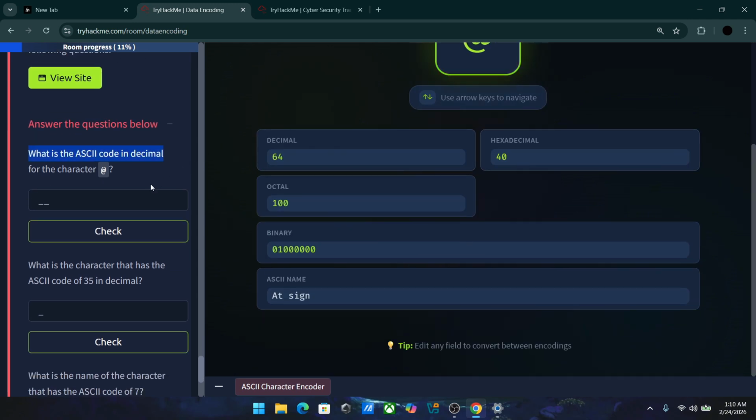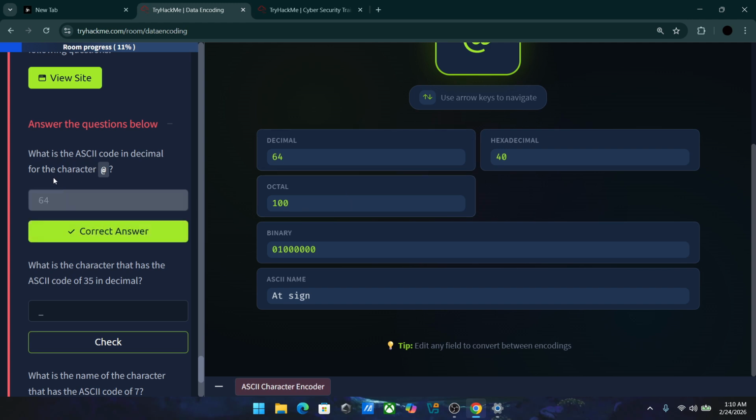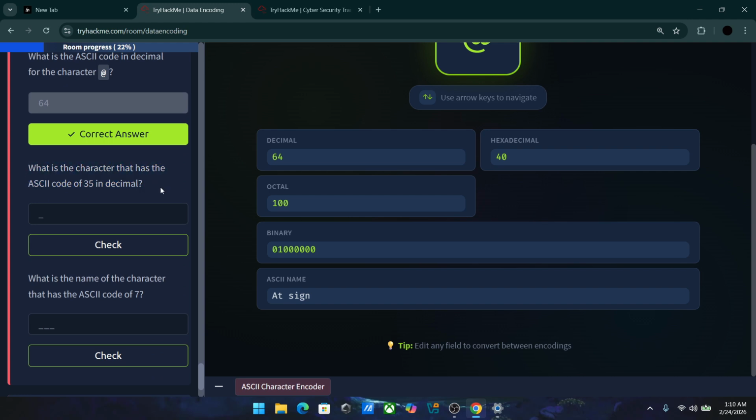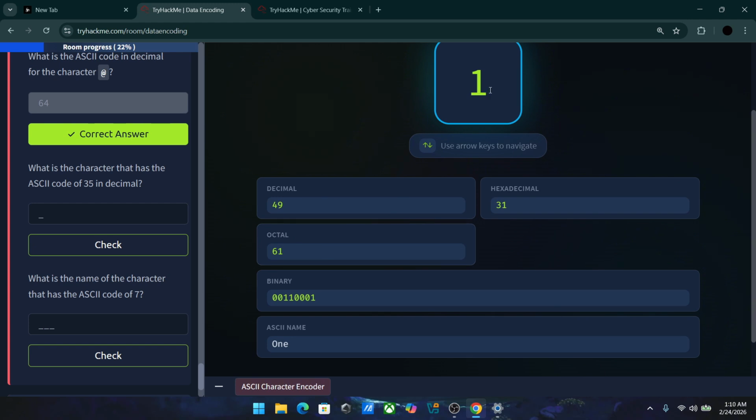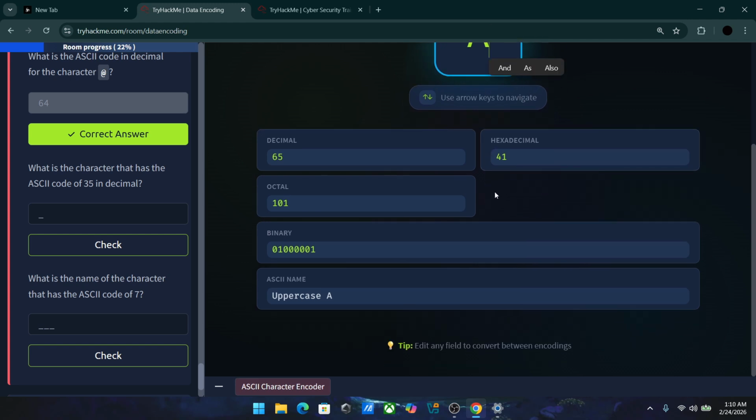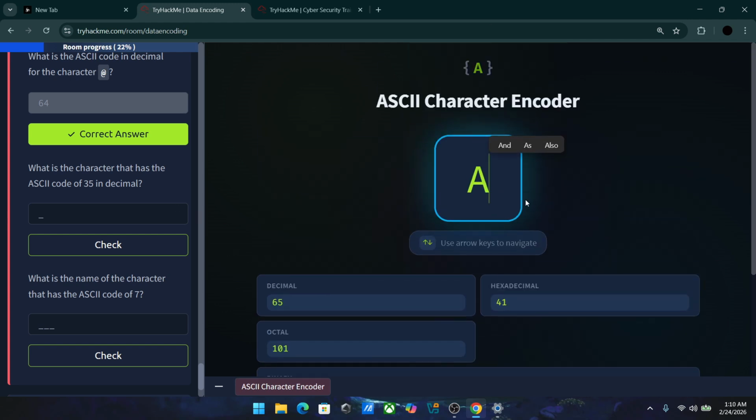What is the ASCII code in decimal for the character? It is 64. What is the character that has an ASCII code of 35? Let's see. One is 61, all right. That is a number, that is way off. Is that it? This is not that.